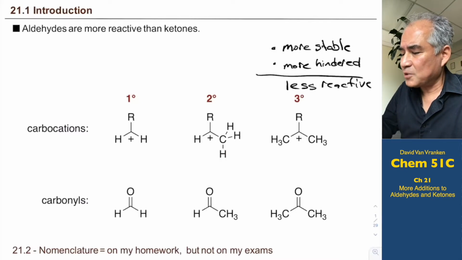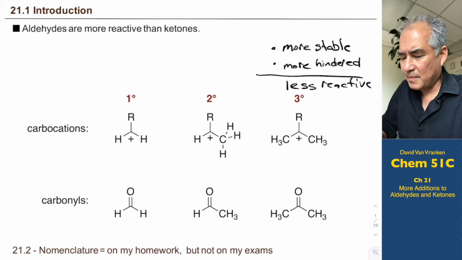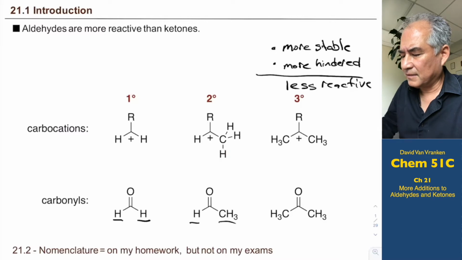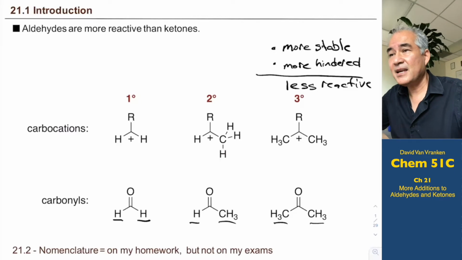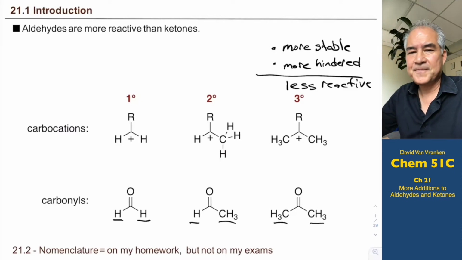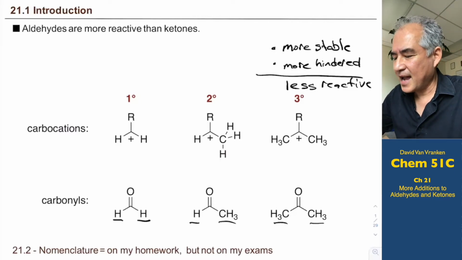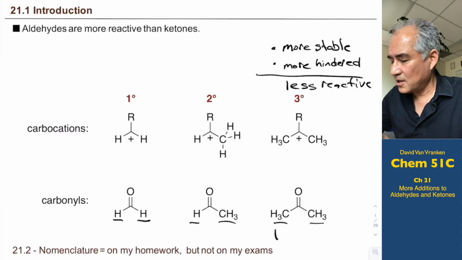But this same trend is something that we're going to see with carbonyl compounds. If we take carbonyl compounds that have two H's versus an H and an alkyl group versus two alkyl groups, as you add more substituents to the carbonyl, it becomes more stable and it becomes more hindered. And as a result, ketones are going to be less reactive than either aldehydes or the parent aldehyde, which is called formaldehyde.